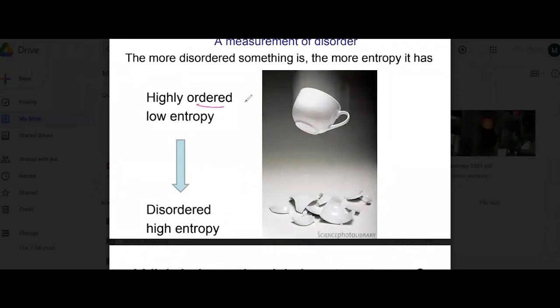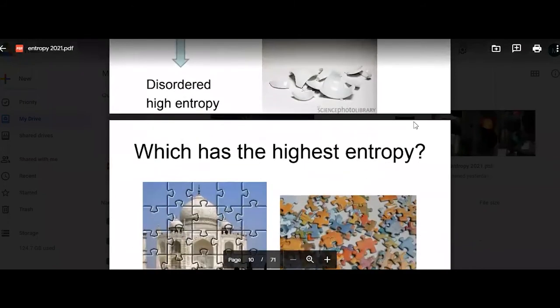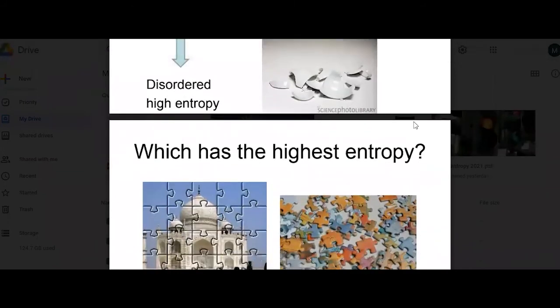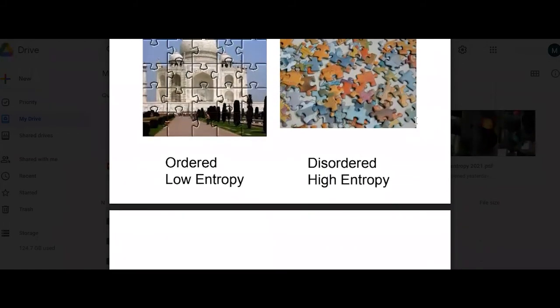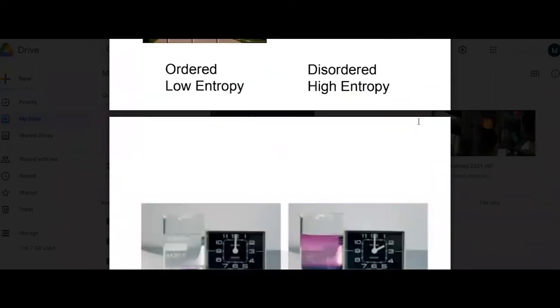This is ordered, low entropy. This is disordered, high entropy. So which has the highest entropy? Yes, the right one. Disordered, high entropy.